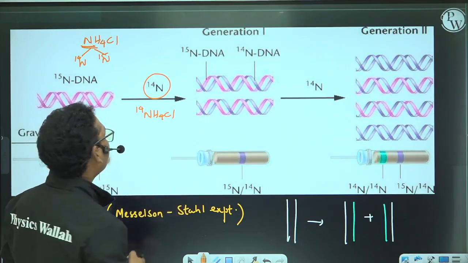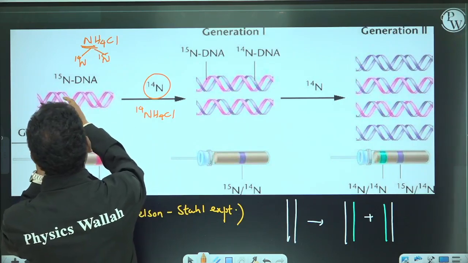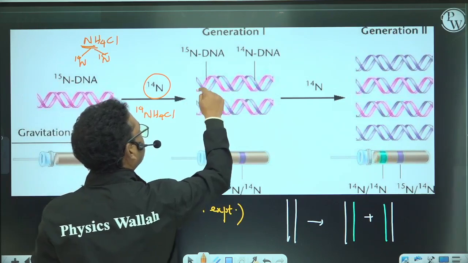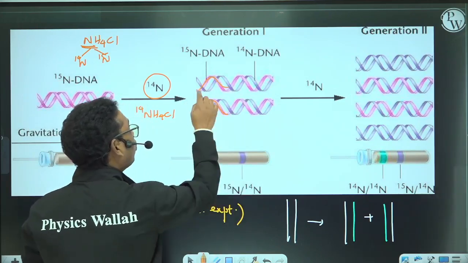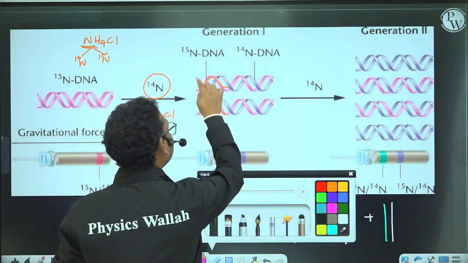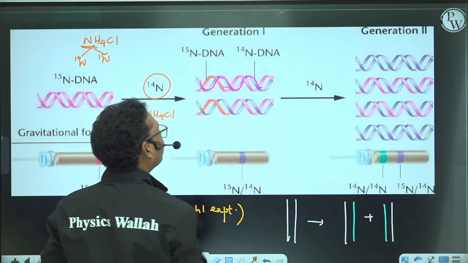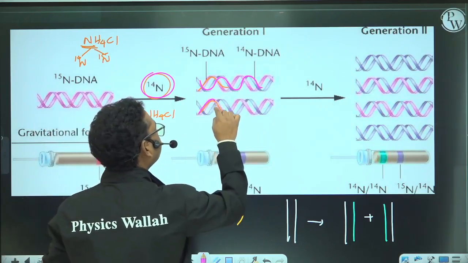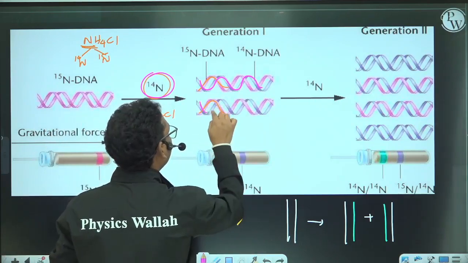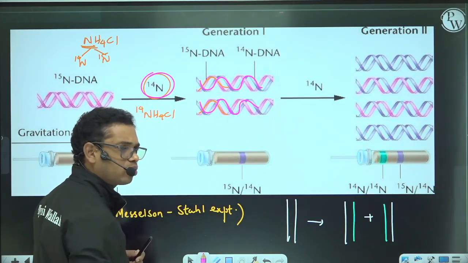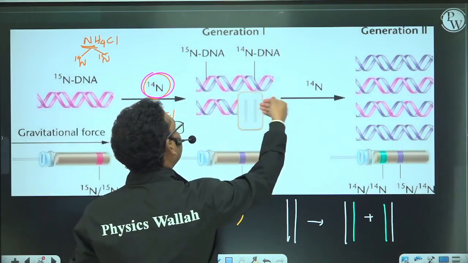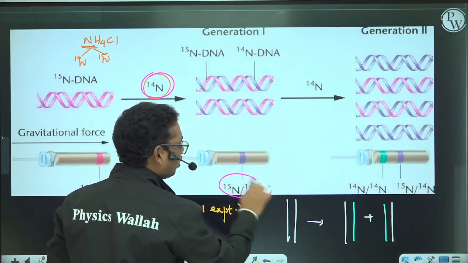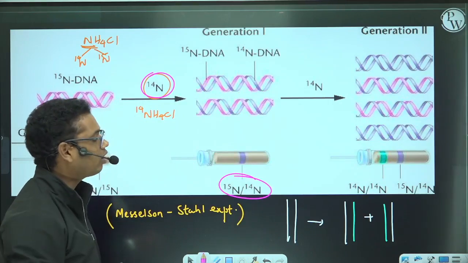So this strand has N15 and this strand also has N15, and they get separated. Now the new strands are formed, and in them N14 will be used, because here you have provided N14. Because one strand has N14 and another strand has N15, the DNA will be called N15 N14.